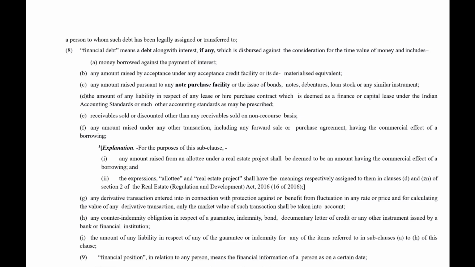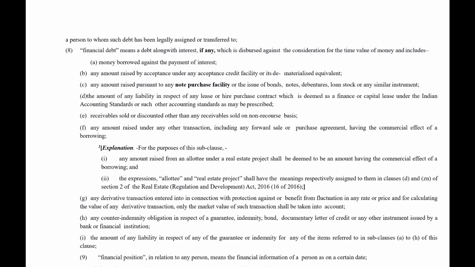Received, sold or discounted other than any receivables sold on non-recourse basis. What is the meaning? There are some receivables, you are entitled to receive some money, but you get it discounted, right? Or you sell it. Now there could be two means of selling or this discounting. One way of discounting could be that okay, you are assigning your debt itself, right? Then it is on non-recourse basis.